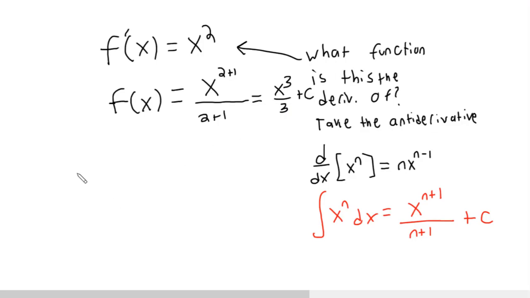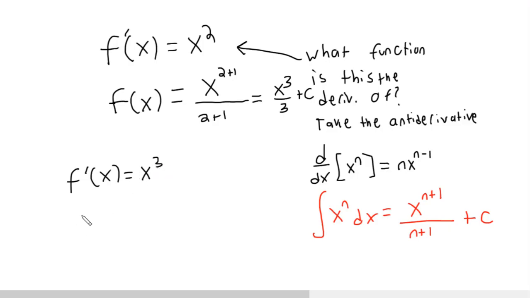And you may be thinking to yourself, well, why is this c value even necessary? Well, the c value is necessary because think about it like this. Let's say f prime of x equals, I don't know, x cubed, okay?